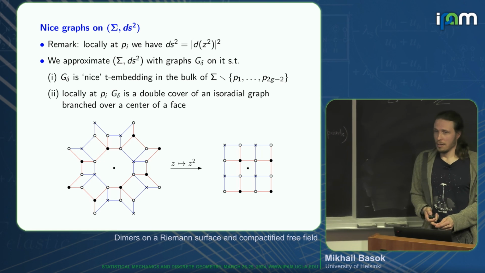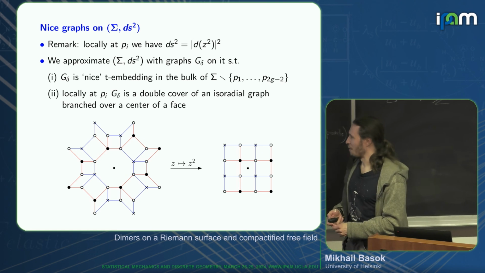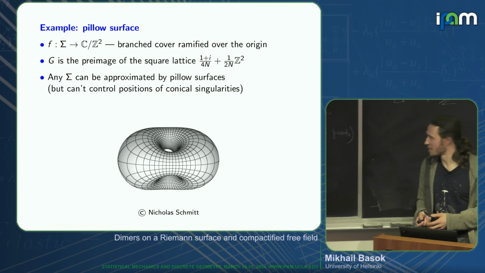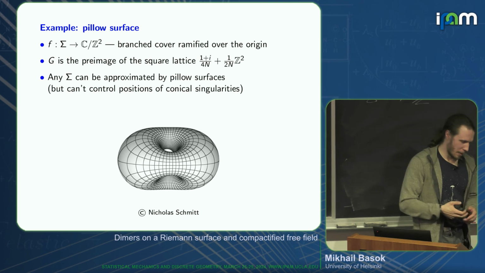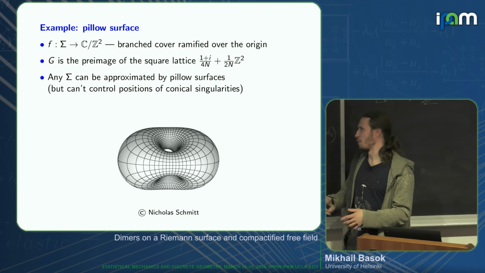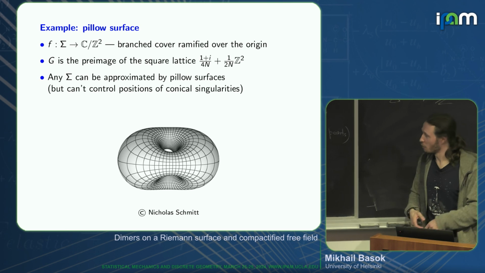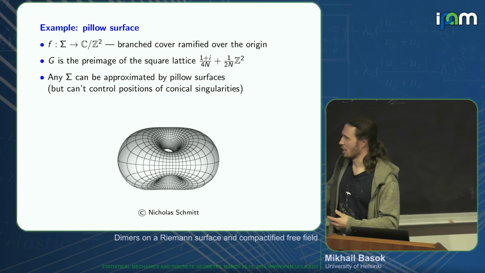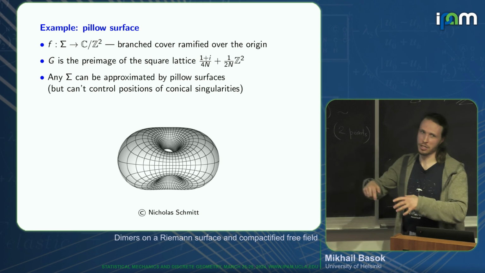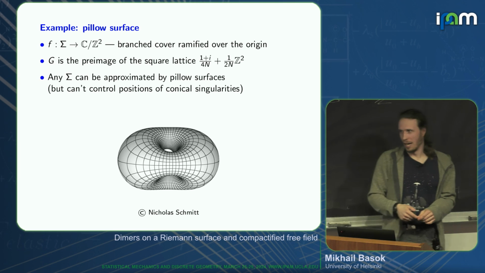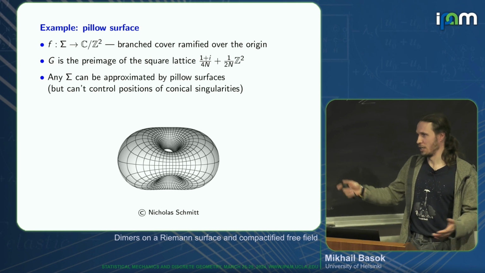Okay, so this is the setup, and I want to give you an example of such a surface, so that you don't need to think about t-embeddings in the general case. An example of such a surface is what is sometimes called a pillow surface, or square-tiled surface. How can one construct it? You take a Riemann surface, and you consider a graph on this surface which has faces of degree 4.